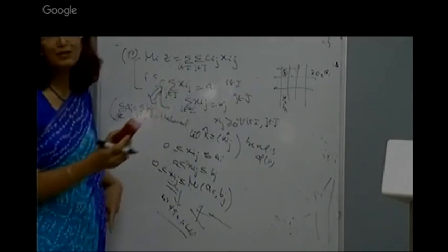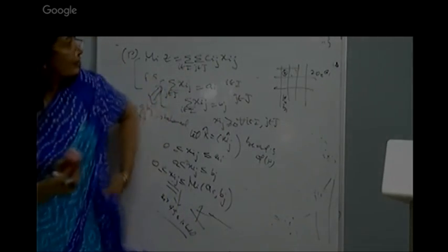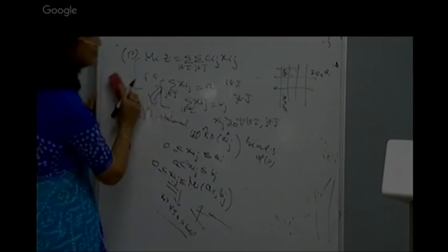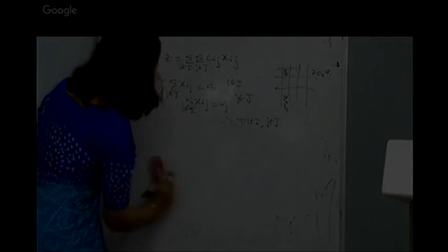That rank comes out to be M plus N minus 1. So if there are M sources and N destinations, once we know, see, we can apply the method only if we know the basic variables.